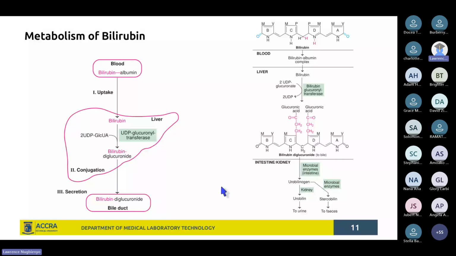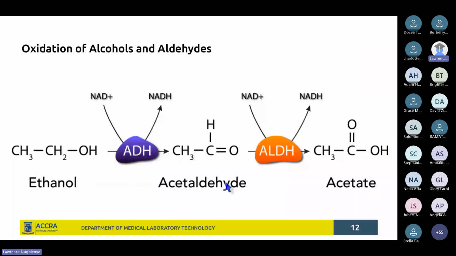All right, I think we'll take some specific examples with drug substances and some of the things that we have talked about so far. The first we are looking at is oxidation of alcohols and aldehydes. And here you see ethanol getting oxidized. So pay attention to the hydroxy group on ethanol.